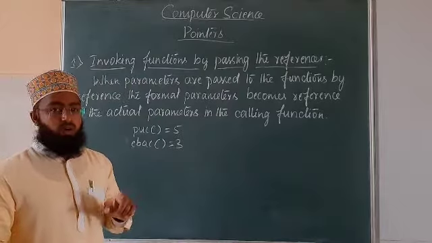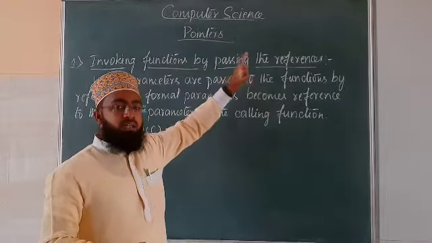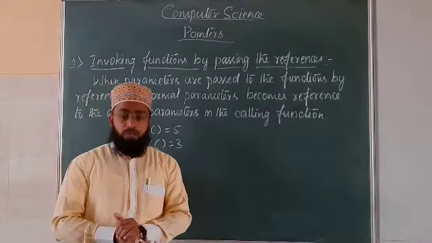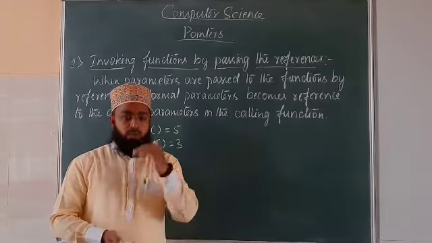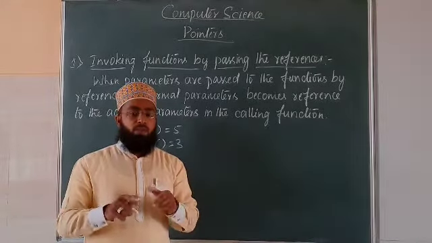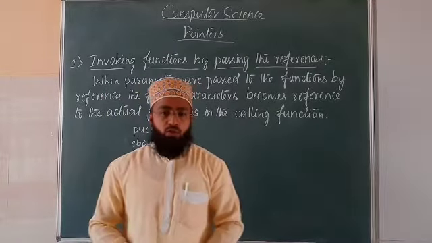So this is how we can invoke functions by passing references. Come, now we are going to write a program on this. By that program you will come to know how we can swap the values of two functions.